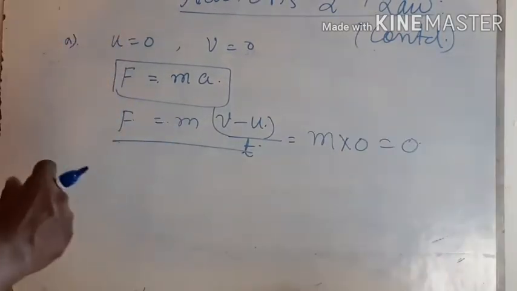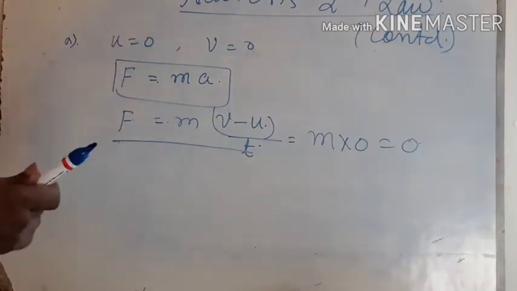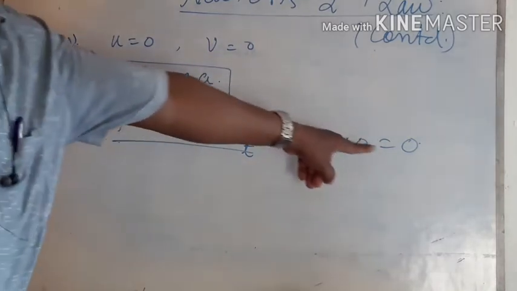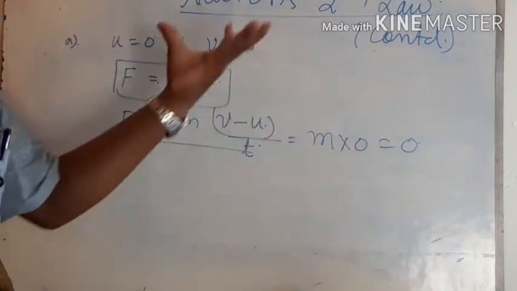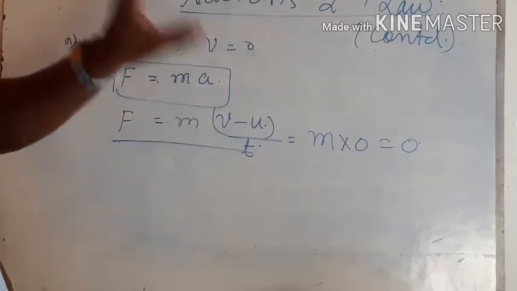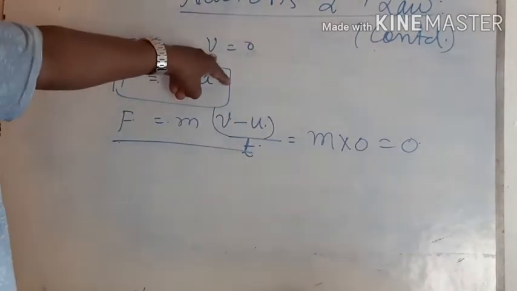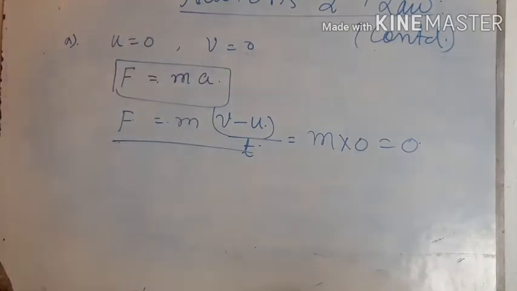This means that a body will have no velocity if external force is not applied. If external force becomes 0, the body does not change its velocity.